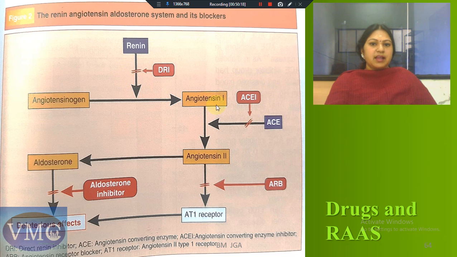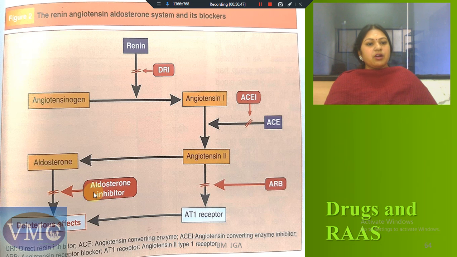Second, you can have ACE inhibitors, which inhibit the conversion of angiotensin 1 to angiotensin 2, so that angiotensin 2 is not formed. Third, you can have the ARBs, the angiotensin receptor blockers, so that angiotensin 2 does not act on the angiotensin receptor, particularly the AT1 receptor, because this is the predominant one which causes vasoconstriction.